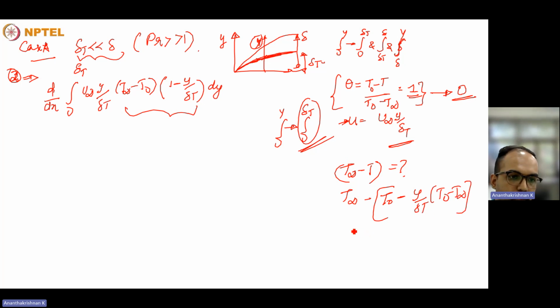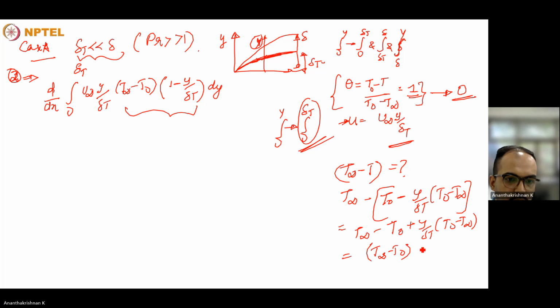So that will be equal to T infinity minus T0 plus y by delta T of (T0 minus T infinity). Taking it out, it is equal to T infinity minus T0 minus y by delta T of (T infinity minus T0). Taking (T infinity minus T0) out, we get the form of 1 minus y by delta T.